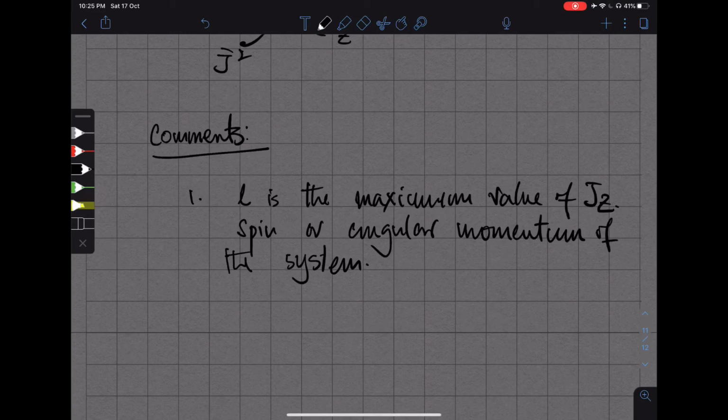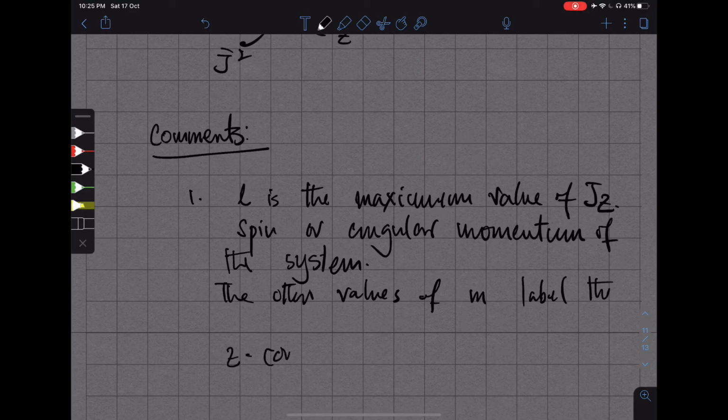The other values of M just label the z component of the spin or angular momentum.